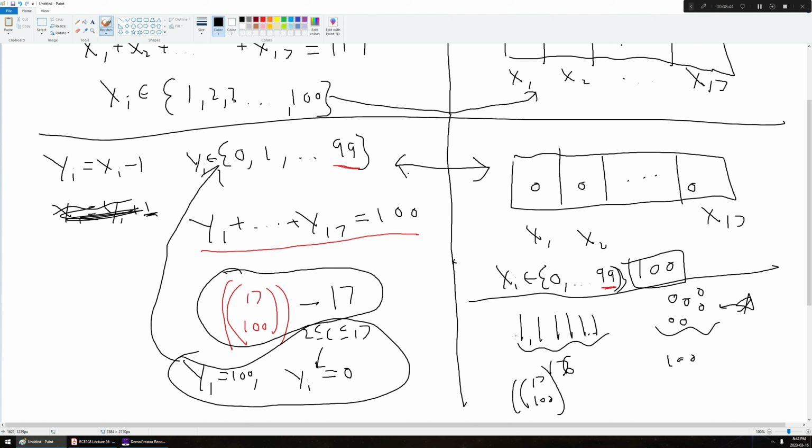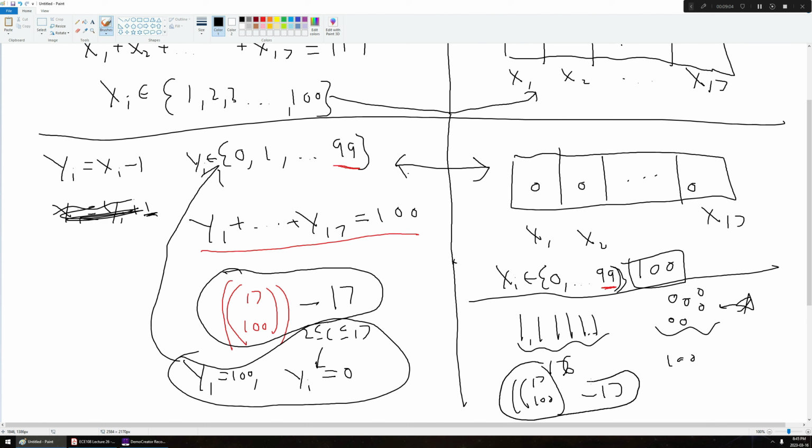So here I need to answer the question, how many ways can I rearrange 16 lines with a star? And the answer to that is there's 17, right? The star could go first, middle, here, here, here. There's 17 gaps where it can fit in. So I get a minus 17.